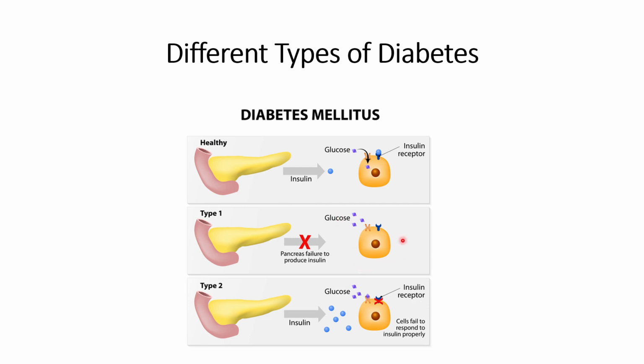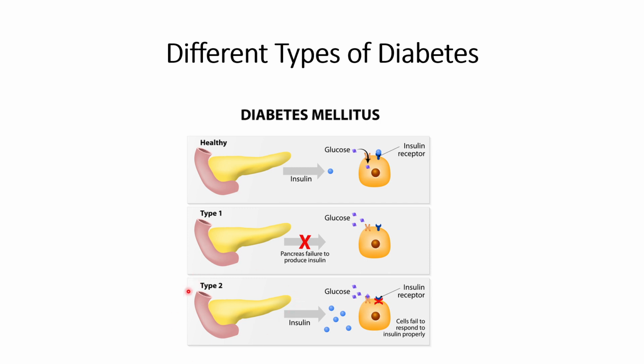So in this case, the person has to artificially introduce insulin after food or whenever their blood sugar level is high, so that the glucose level will be reduced as the insulin will get sensed by the cells. It will take up the glucose. So in this case, the person has to take insulin at regular intervals and possibly for their whole life.